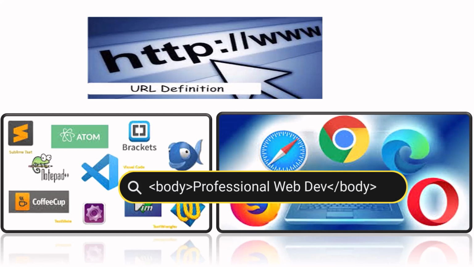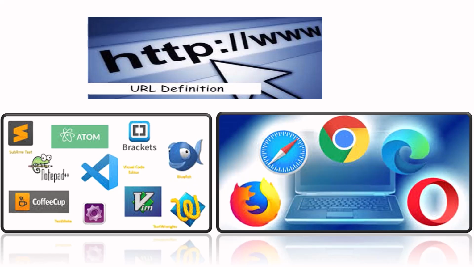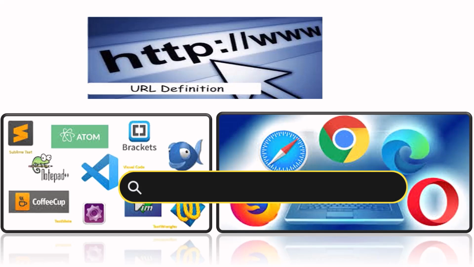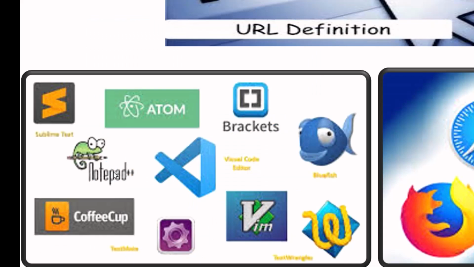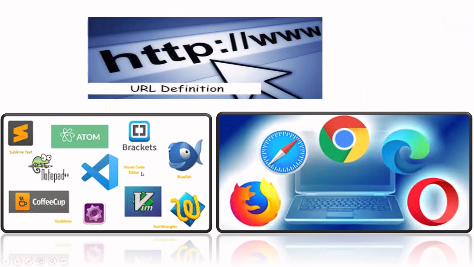Now, for you to code a website, you need what is known as a text editor, very basic, or you can use something more advanced, which we may call an IDE, Integrated Development Environment. That is IDE. If you look at what I have on my left here, we've got Notepad, Atom, Brackets, and Visual Studio Code.